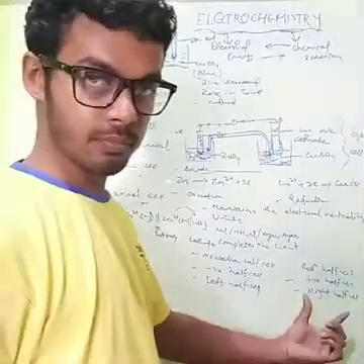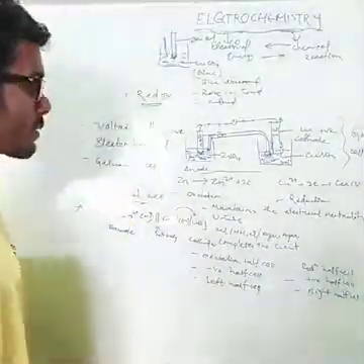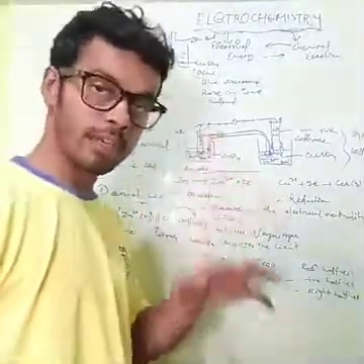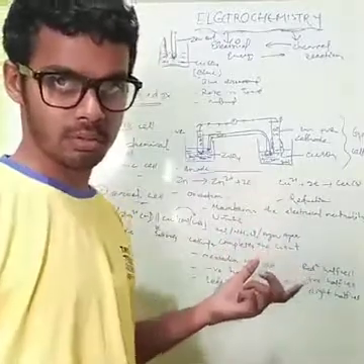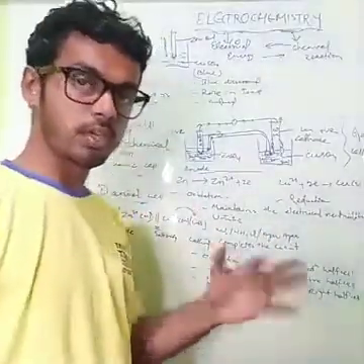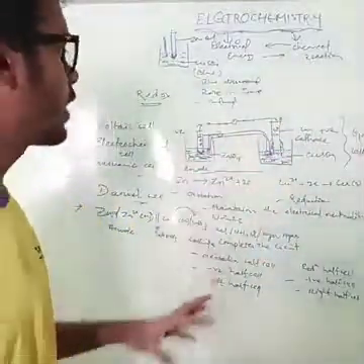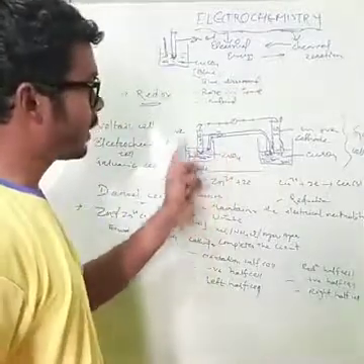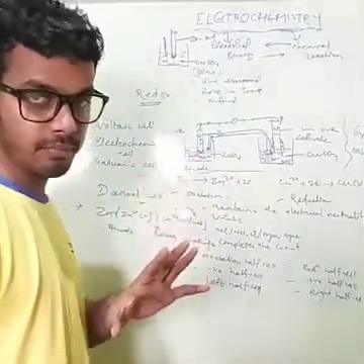Okay. Sometimes a question may be asked: in a galvanic cell, what is the charge of the anode, or in an electrolytic cell, what is the charge of the anode? I will explain the electrolytic cell later, but here just remember that in a galvanic cell the anode is negative.